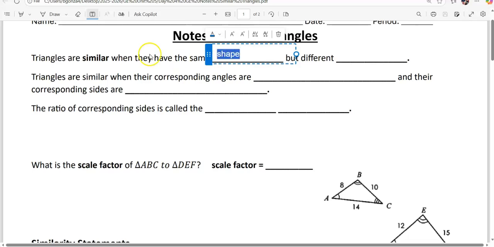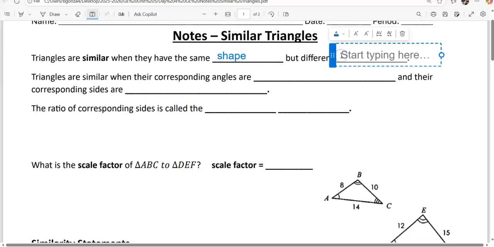So it's going to look similar, no pun intended, okay? Same shape, but the thing that's different about similar is not the same size. It's a different size. Okay, make sure you're awake. Make sure you're writing it down. Get it? So, same shape, different size.